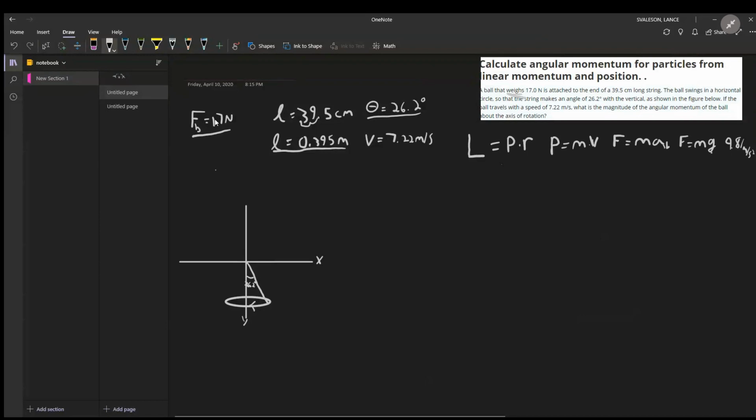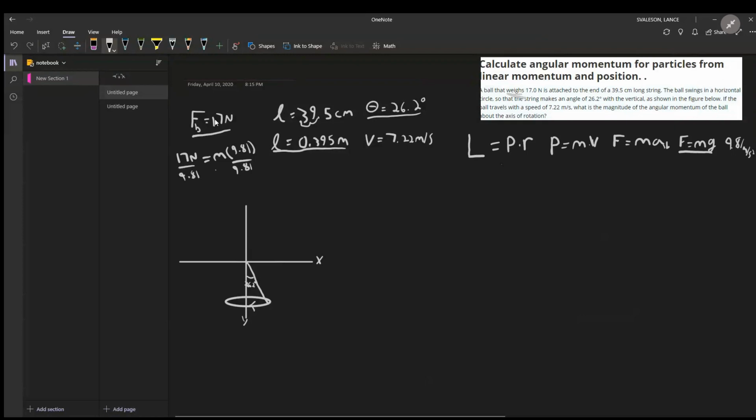All right, so this is what we're going to use to find the mass, because we're dealing with weight. If we took this 17 newtons and plugged it into our mg equation, we get 17 equals m times gravity, where gravity in this case is 9.81. So to find the mass, you just need to divide by 9.81.